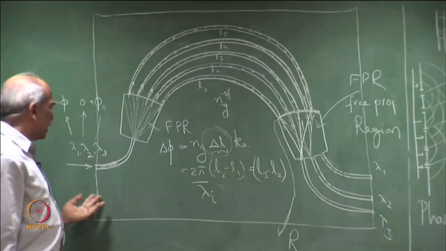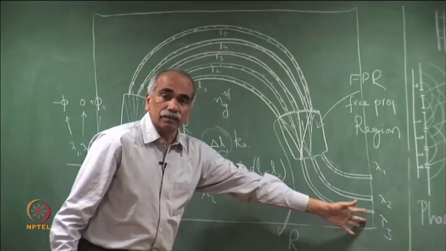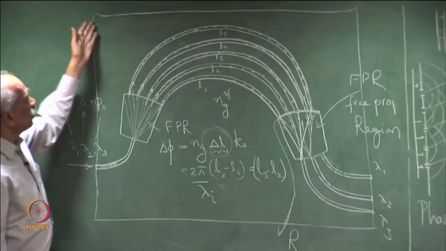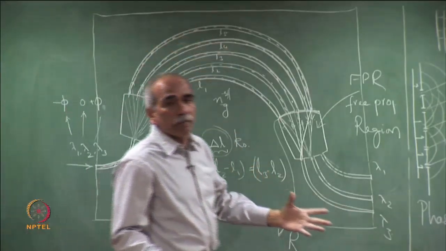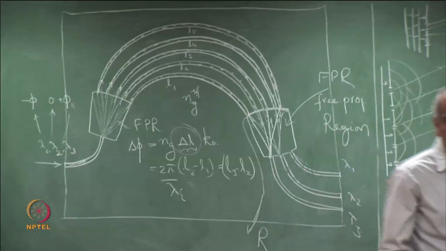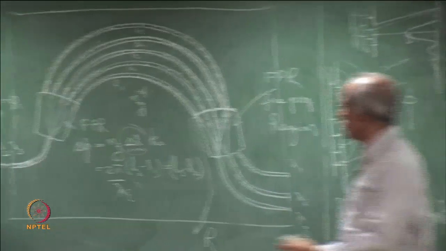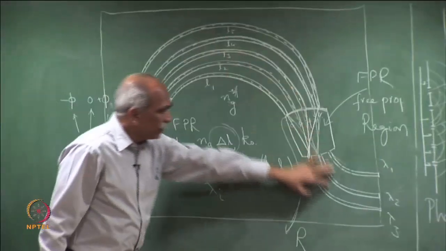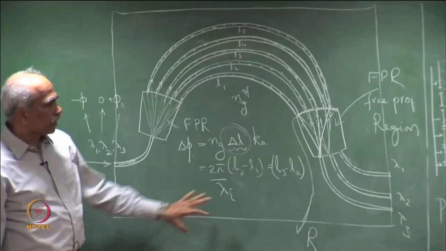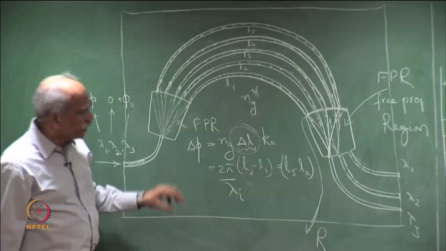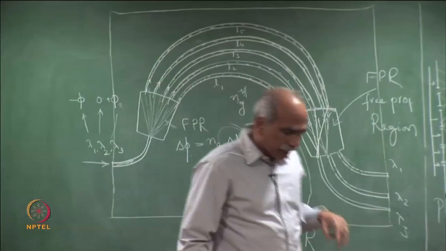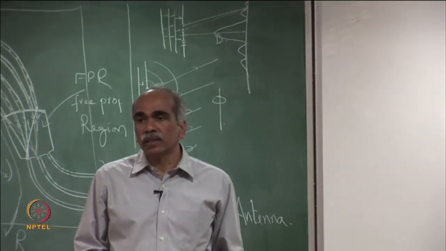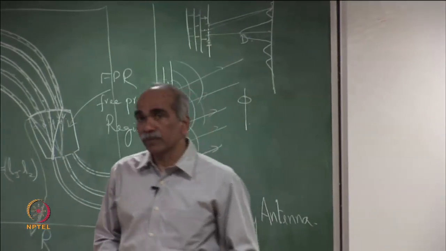So, we have a demultiplexer functioning like this. As I said, the whole dimension could be 5 mm by 5 mm or less. So, it is a very small device, and details of the design we are not going into, but this is a very important device in realizing transmitters and receivers in DWDM systems.